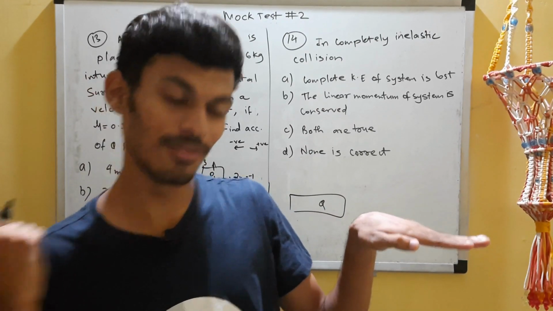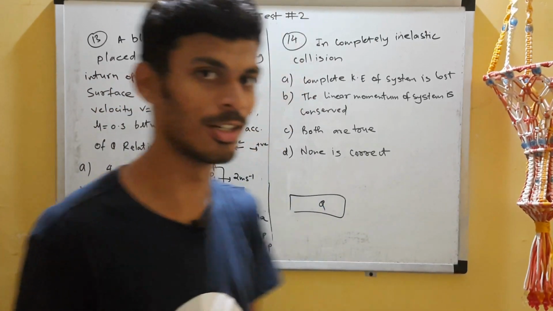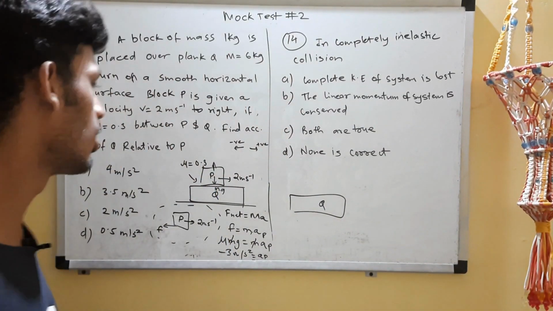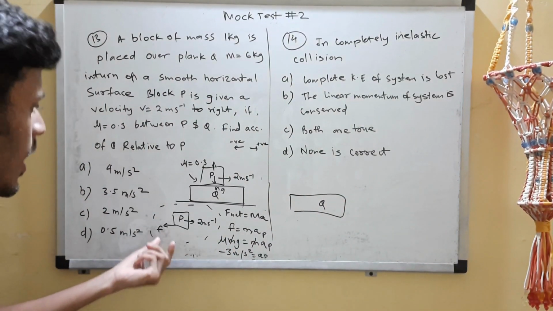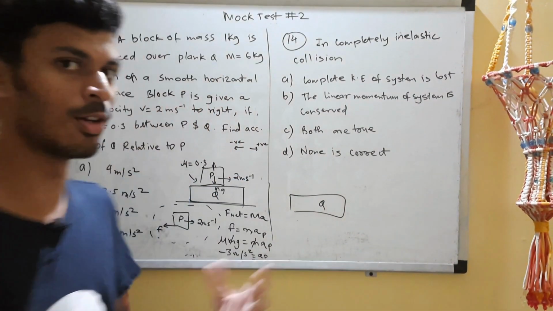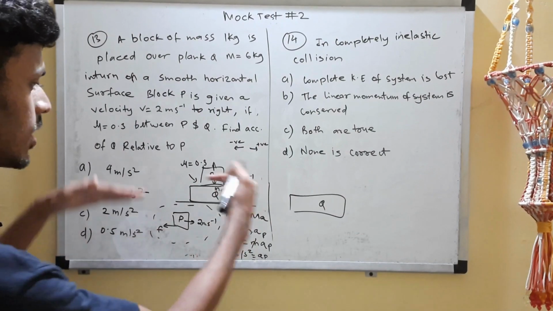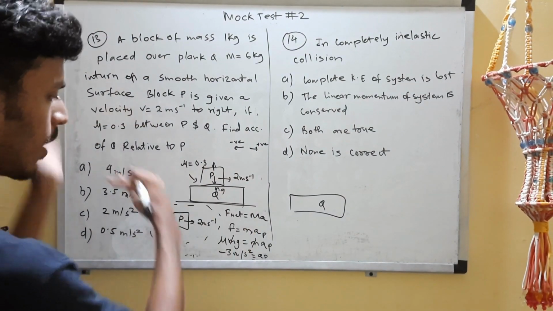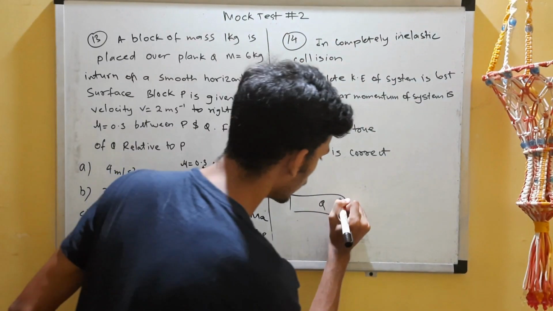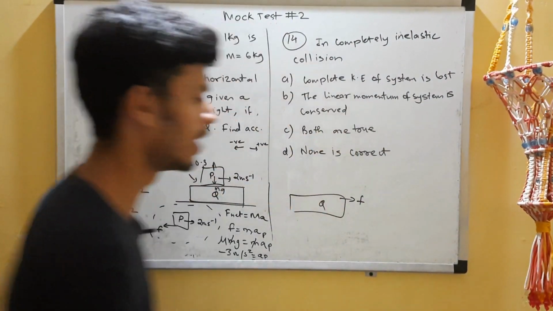Or you can imagine it this way, by Newton's third law, for every action there is an equal and opposite reaction. The frictional force on block P is in the backward direction, so on Q, equal but opposite, the frictional force will be in the forward direction.